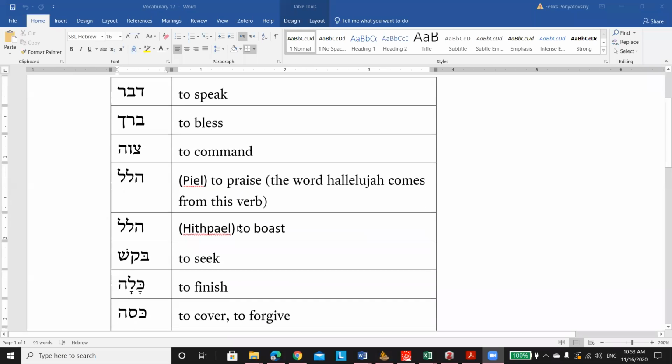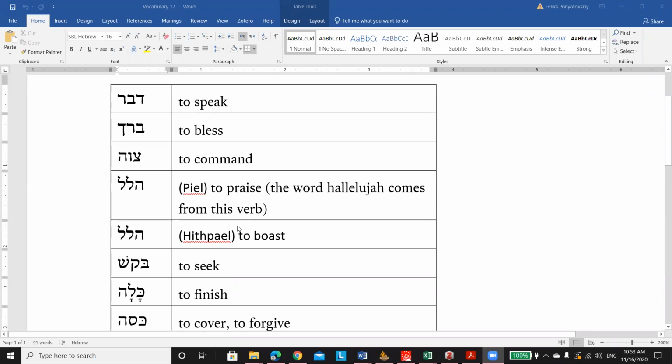And now in the vocabulary, I will show the difference between some of the stems. Okay, can you see it? And now look, diber is to speak.